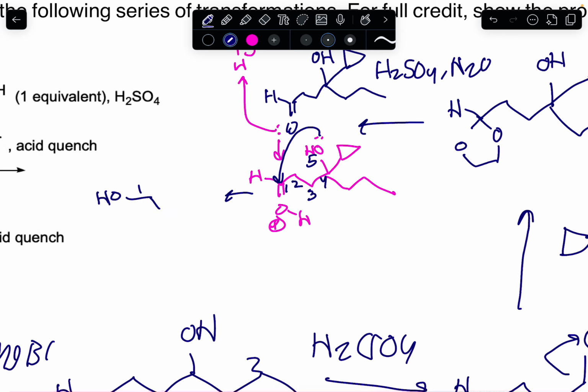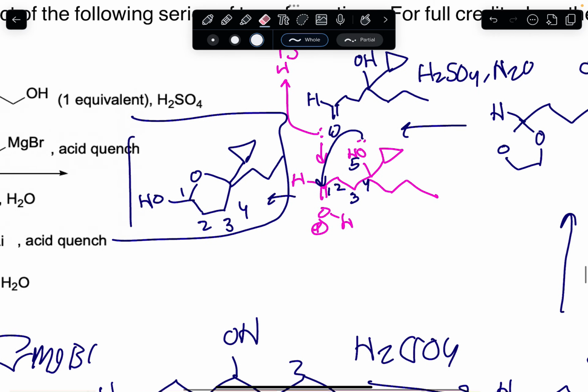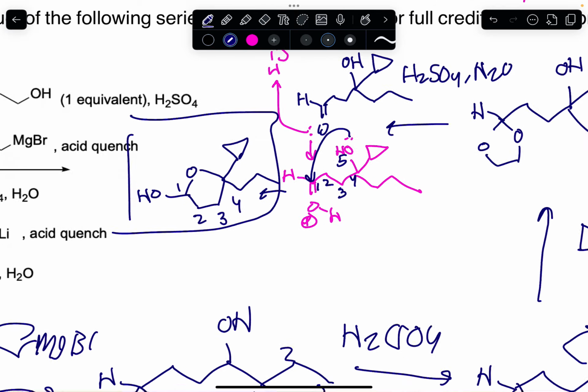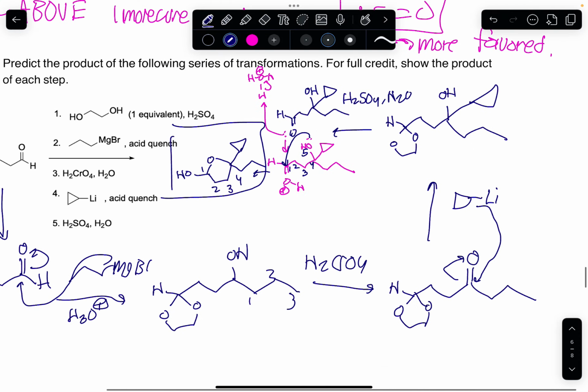So 1, 2, 3, 4. So we will end up forming this. I skipped a deprotonation, but I hope you get what I mean. We will actually form an intramolecular hemiacetal here.